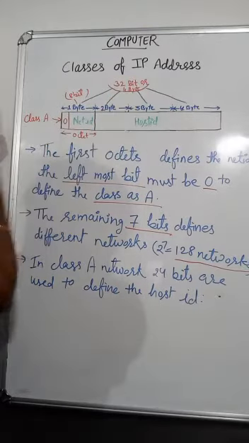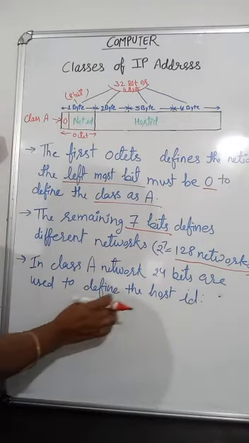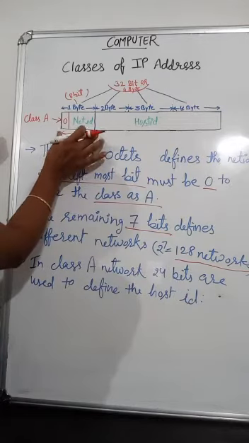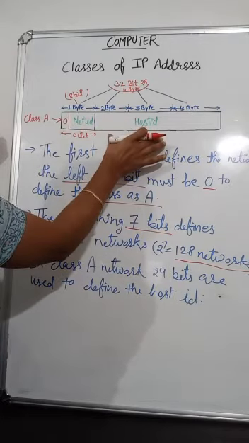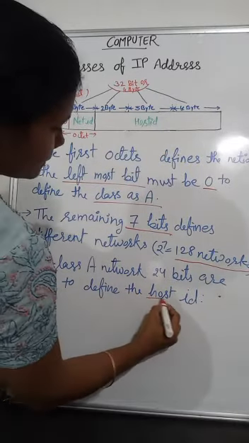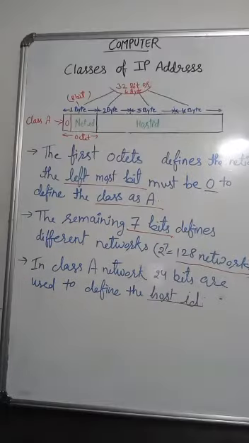Of the total 32 bits of the IP address, 8 bits are reserved for the net ID, so 24 bits are left for the host ID. So this is class A.